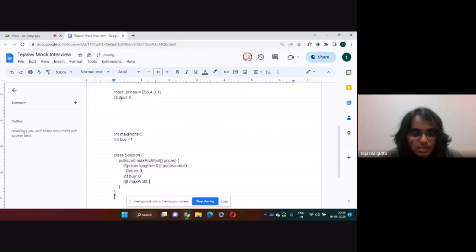This will be initially Integer.MIN_VALUE. And then now what I would do is traverse the prices array, i less than prices.length.